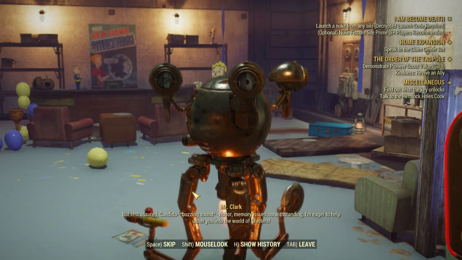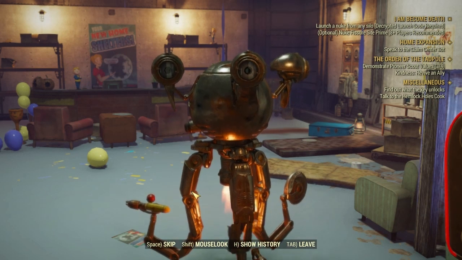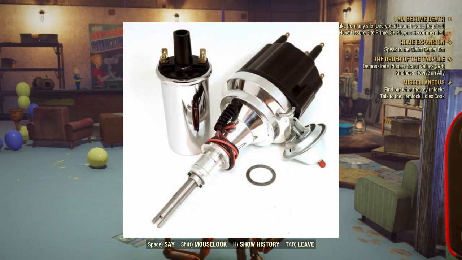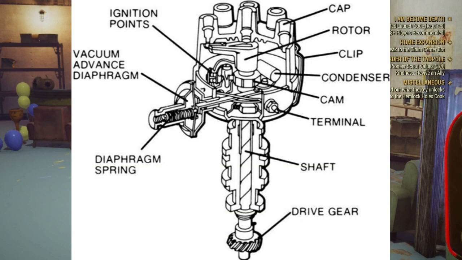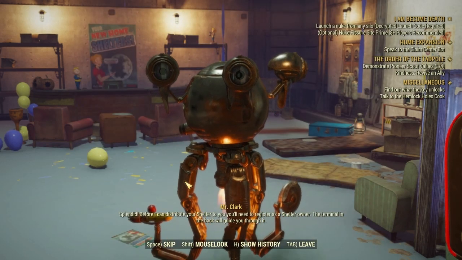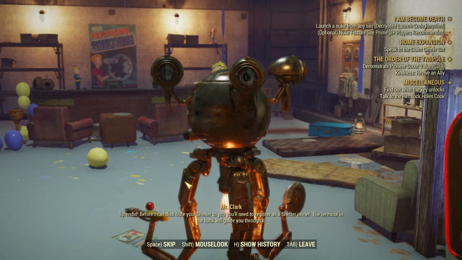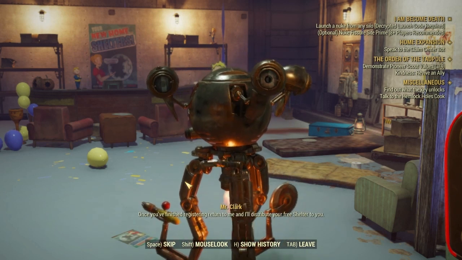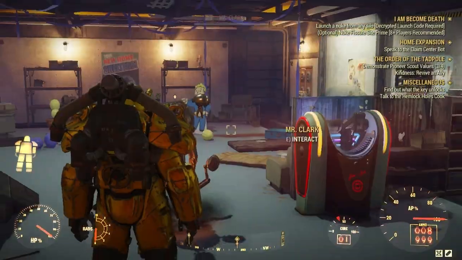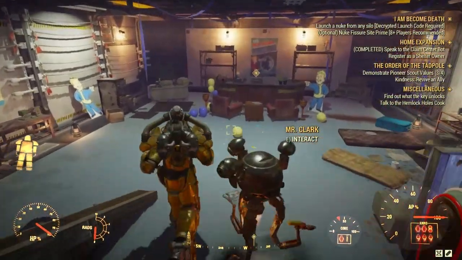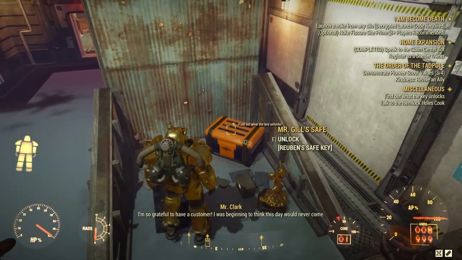Then moving on, we have distributors. Distributors were the part that would send the spark, or send the electric current, to a spark plug. They were a thing all the way up into the early 2000s or so, with Toyotas, and Hondas, some Hondas still having them even into the early 2000s.